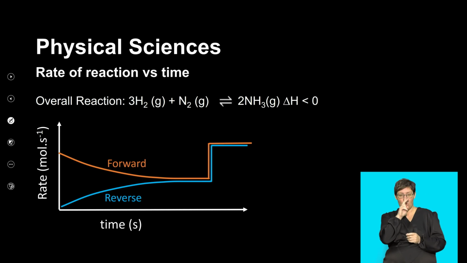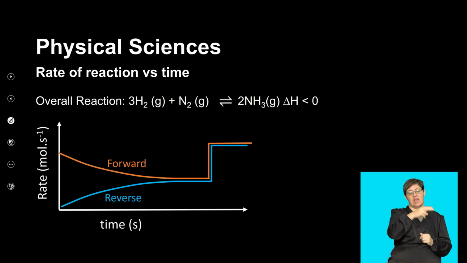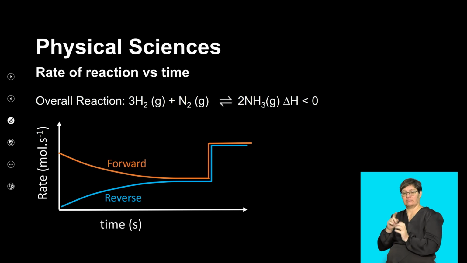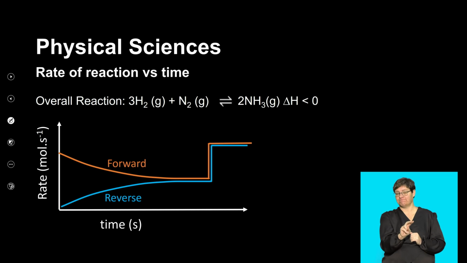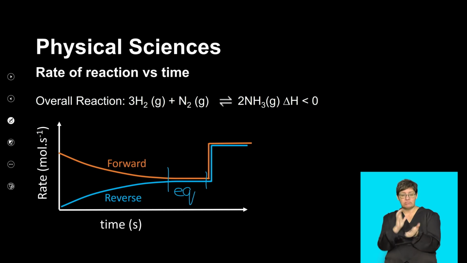When we look at the rate of reaction for nitrogen, hydrogen, and the producing of ammonia, we can see that the rate of reaction goes into chemical equilibrium, and when it's in equilibrium, it's being disturbed by a catalyst. What will happen?